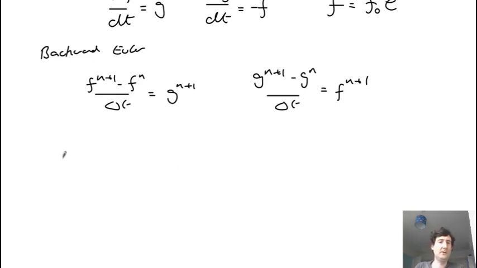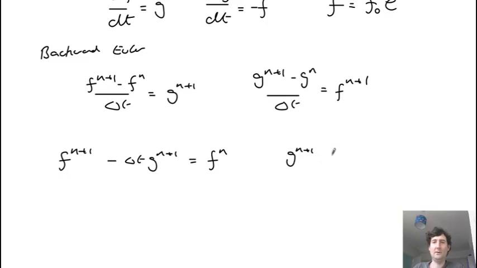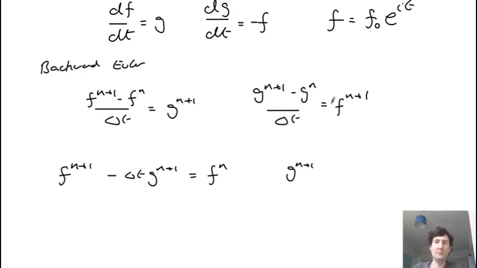So we have fn plus 1 minus delta t times gn plus 1. I'm putting everything with an n plus 1 on the left hand side, and everything with an n on the right hand side. So here we have a gn plus 1, and here we should have a minus sign. So plus delta t fn plus 1 plus gn plus 1 is gn.